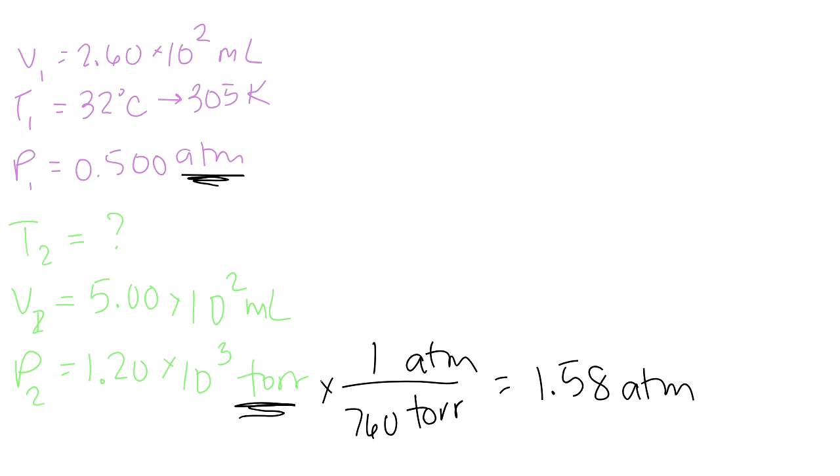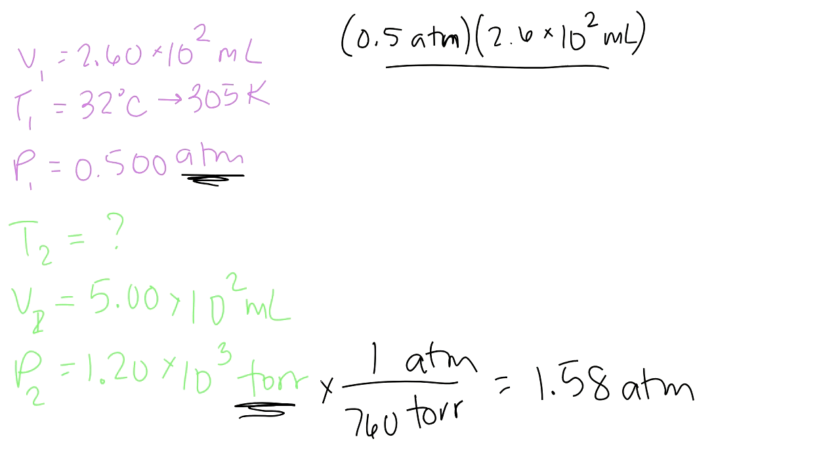So P1 is 0.5. Our V1 is 2.6 times 10 to the second. I'm just excluding the extra zeros because I'm going to run out of room.